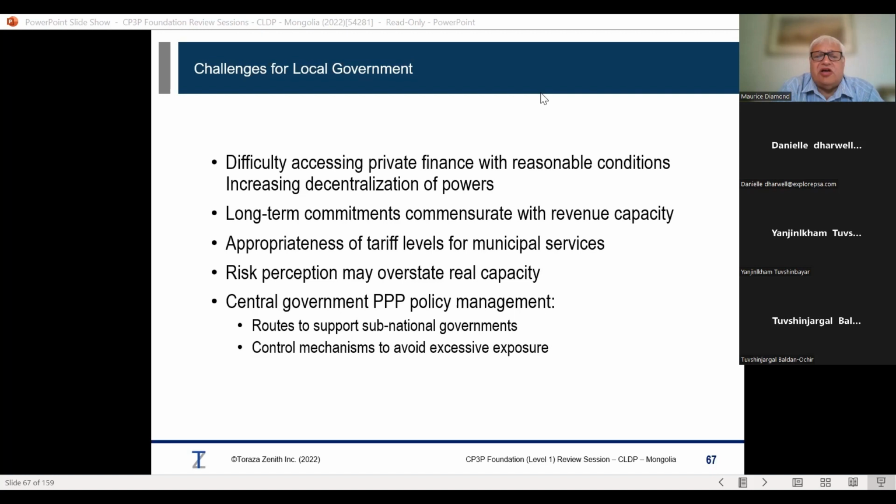And then central government PPP policy management. There may be some opportunities to support subnational governments, and also there could be control mechanisms to avoid excessive exposure. So, for example, a central government or a federal government may have rules governing subnational governments within the overall federation that limit the amount of infrastructure expenditure that can be undertaken by those authorities.